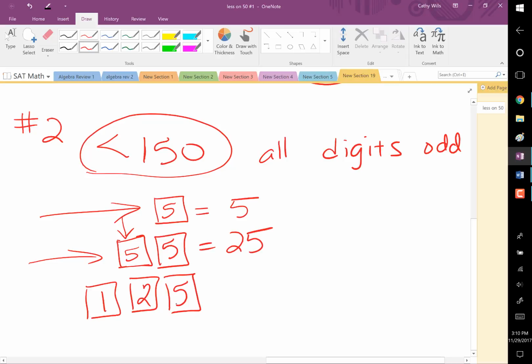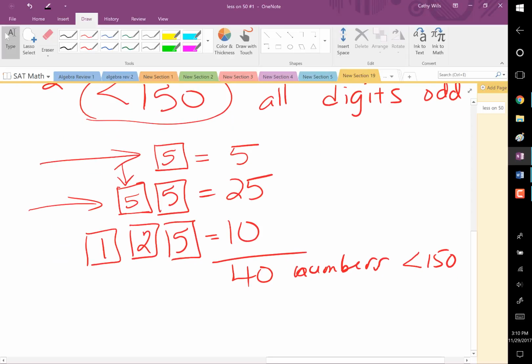That's 5 choices. All right, so 1 times 2 times 5 is 10. So if we add all these up, we've got 40 numbers less than 150 with all odd digits.